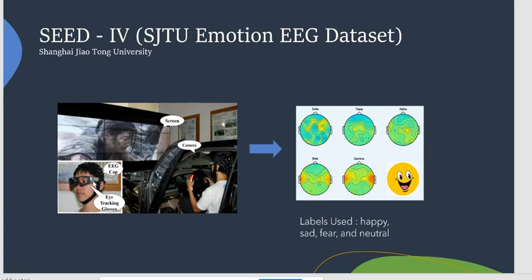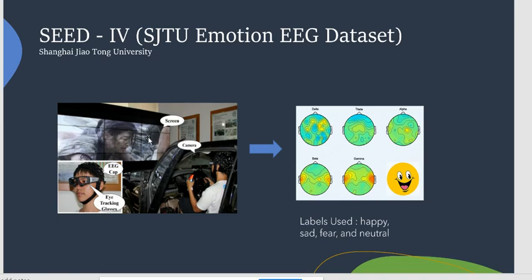As you can see, the subject is also wearing eye tracking glasses where they are measuring the eye movement data. And to elicit the emotion response, they are using different video recordings. In this case, these were Chinese videos which were supposed to elicit responses like happiness, sadness, fear, or just a neutral state, which is what we're going to try to classify.